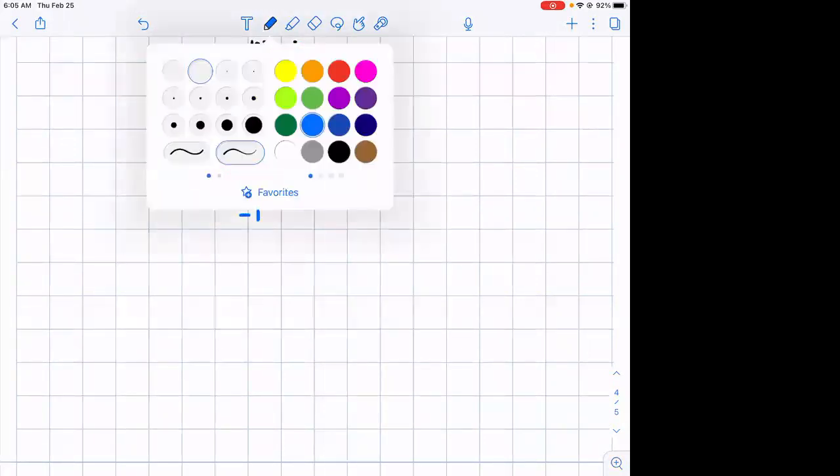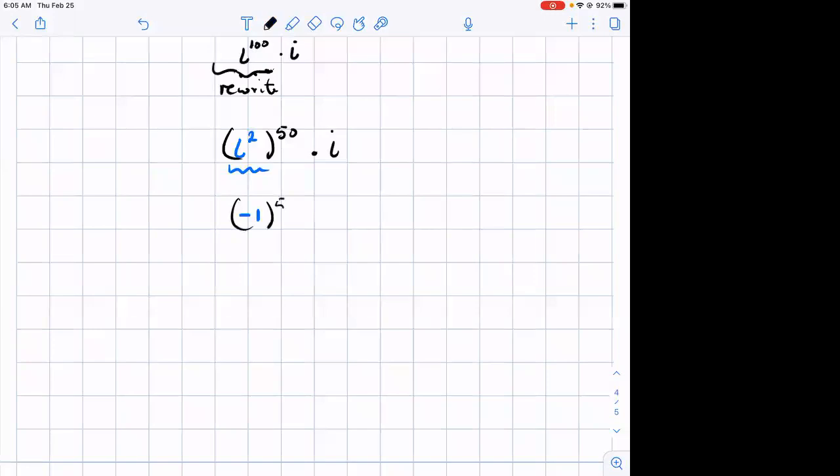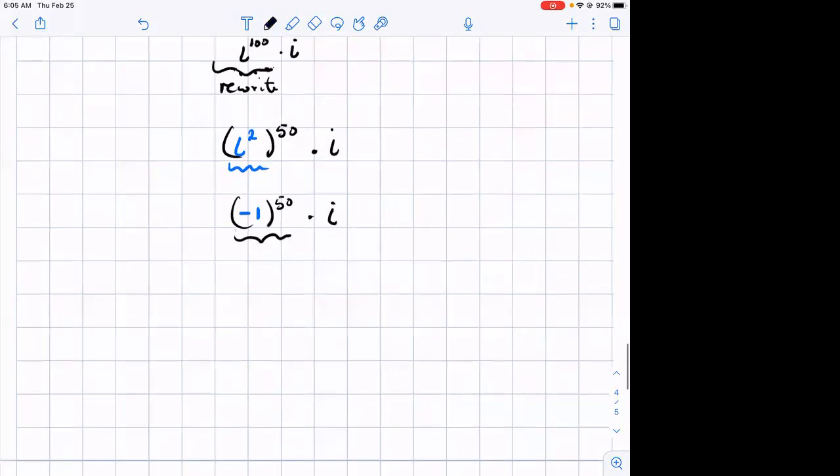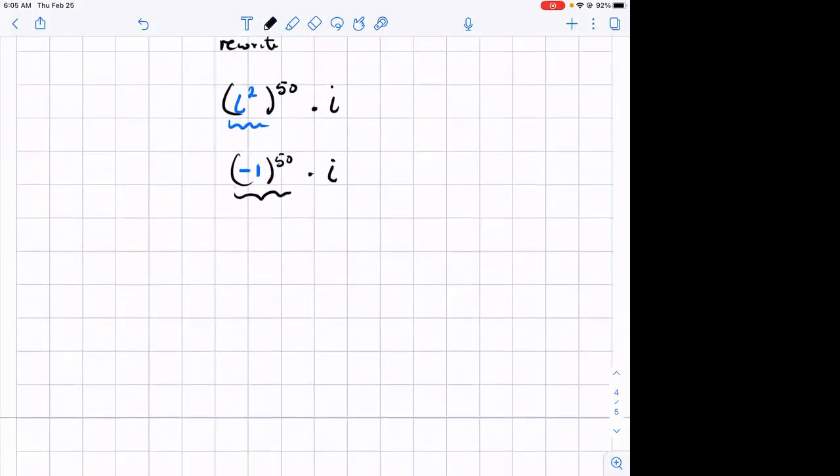So what is minus 1 now raised to the 50th power? Minus 1 to the 50th power will become a positive 1. And 1 times i, then our answer is i.